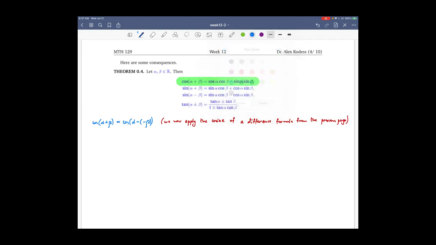According to that formula, cosine of a difference is cos alpha cos negative beta plus sine alpha sine negative beta.